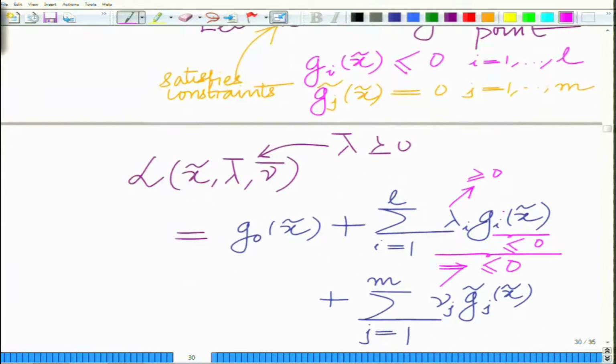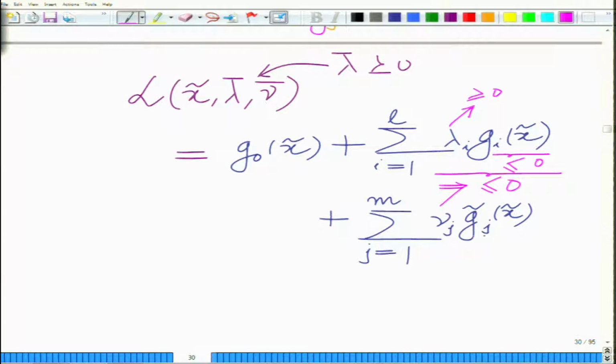On the other hand, g_j of x tilde is equal to 0, so we do not care about nu j, this whole quantity nu j times g_j of x tilde is equal to 0.